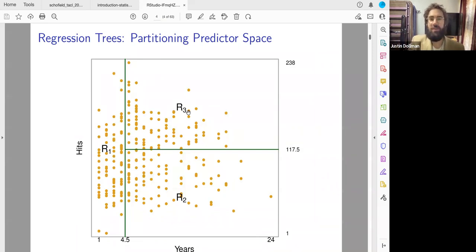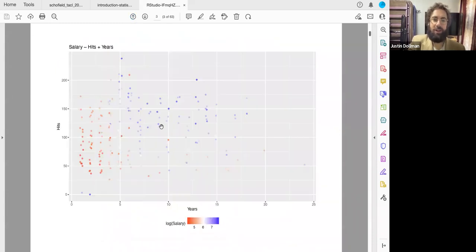But then the model can do one better. It can divide the remaining space in half. By half, I just mean to create two parts. I don't mean that it's necessarily at the midpoint of any particular variable.